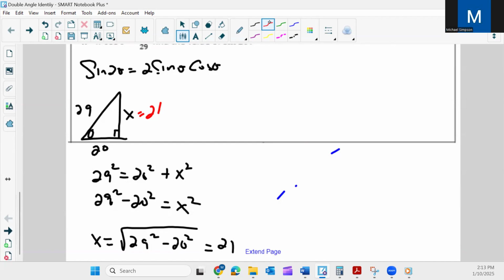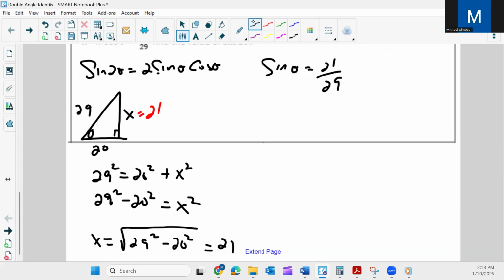Now I have the opposite side, so now I can find sine. What is sine equal to? 21 over 29.